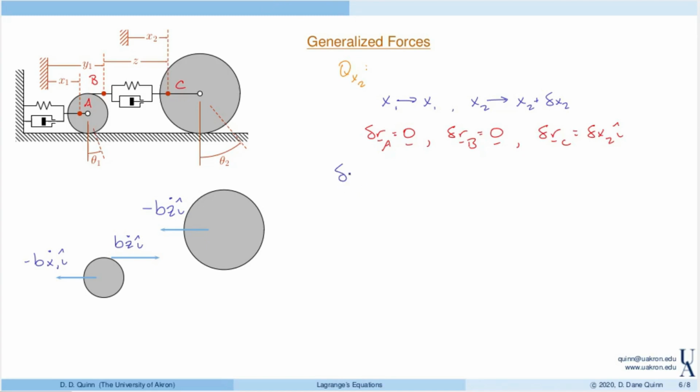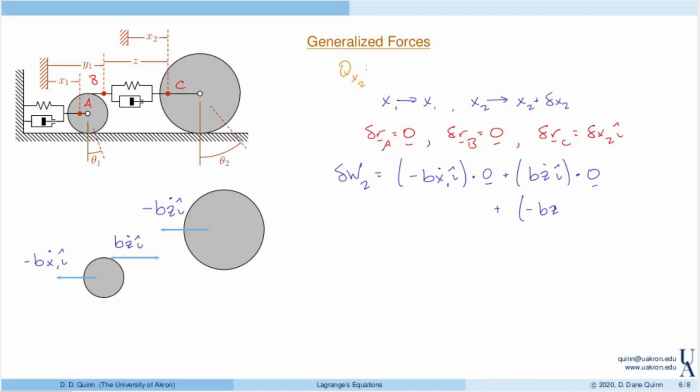So we're ready to go and find the virtual work. Minus B x1 dot in the I direction, dot 0 because delta RA is equal to 0. For the second force, again, that vanishes because delta RB is equal to 0.